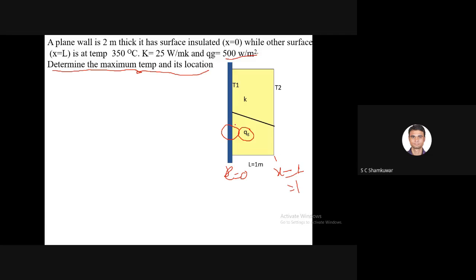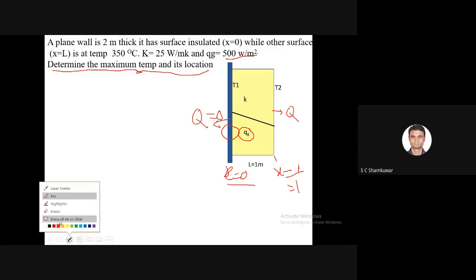This blue color means insulated. Because it is insulated, there will be no heat transfer. Q will be 0, and therefore T1 will be higher than T2. Because T2 is not insulated, there will be heat transfer. So the maximum temperature will exist when x is equal to 0 because it is insulated.